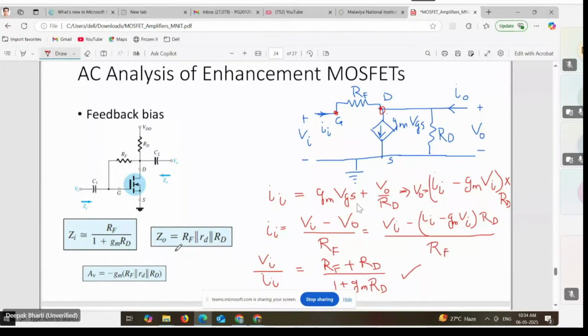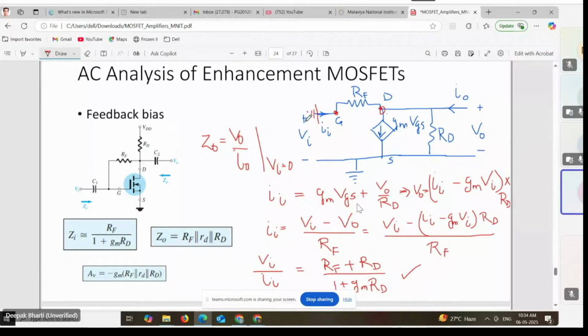Okay. So the next parameter that we have to determine is your Z0. And for Z0, we know the definition that Z0 is V0 by I0 at 0 volt of Vi. So let's apply this definition here in the network. If we put Vi to 0, it means this point is at ground, right?